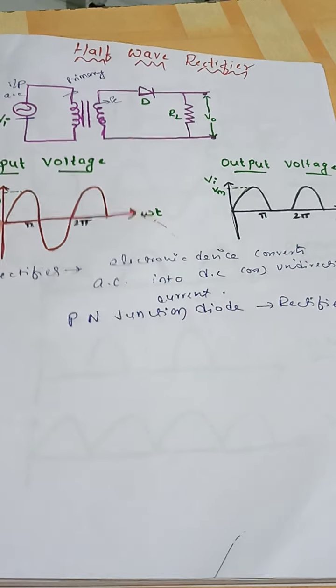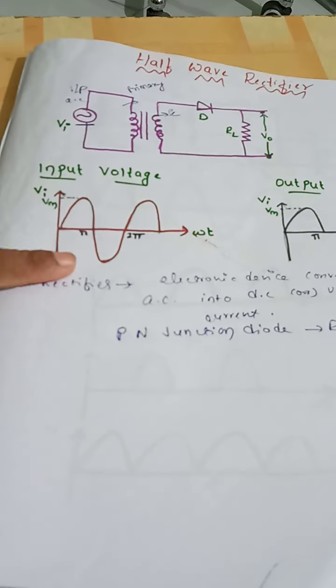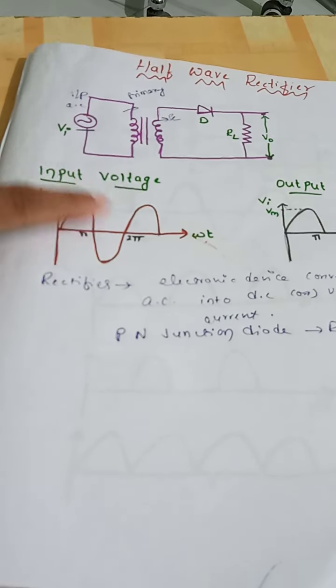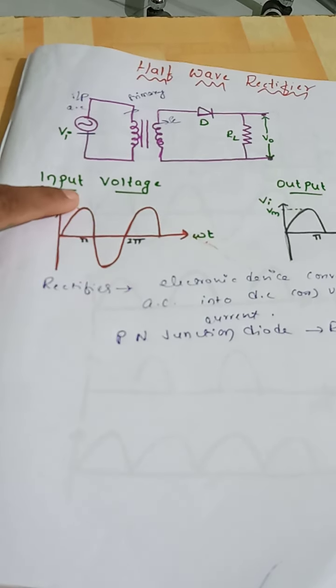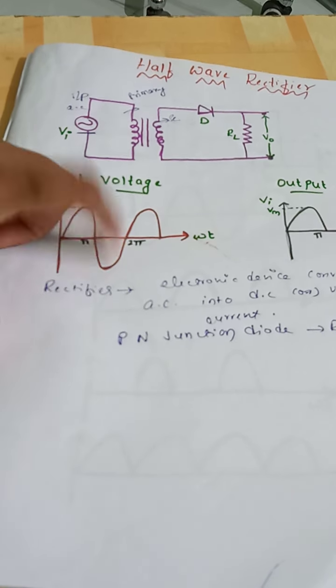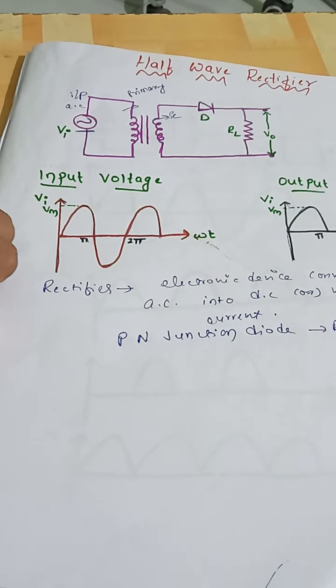So alternating current means that current which changes its direction alternately: once positive y direction, negative y direction, positive y direction and again negative y direction.